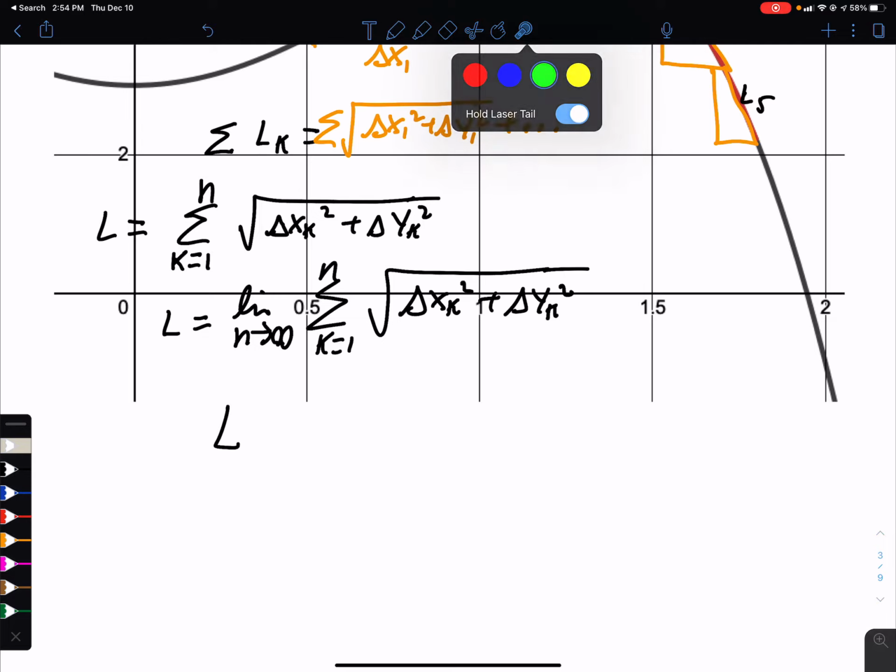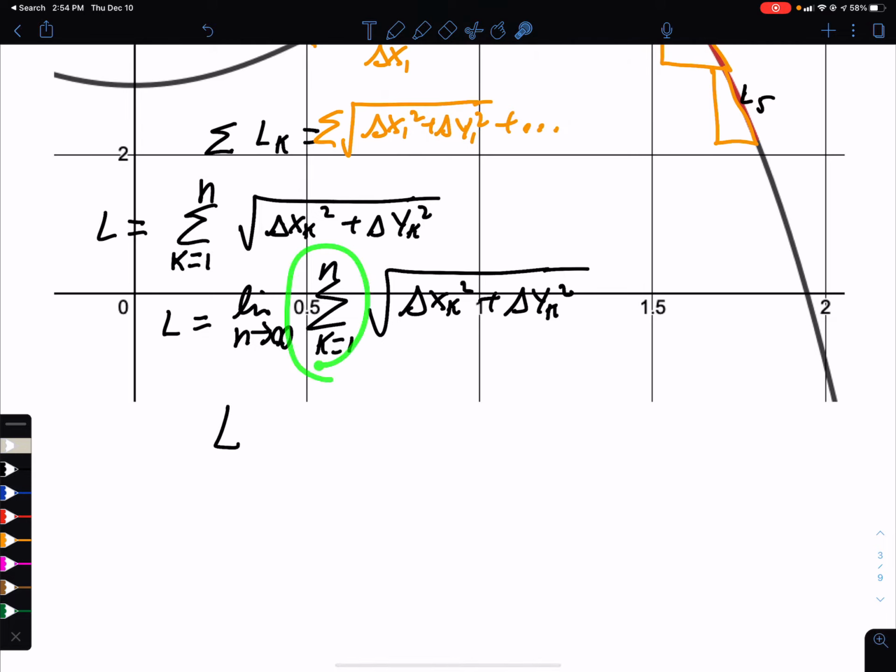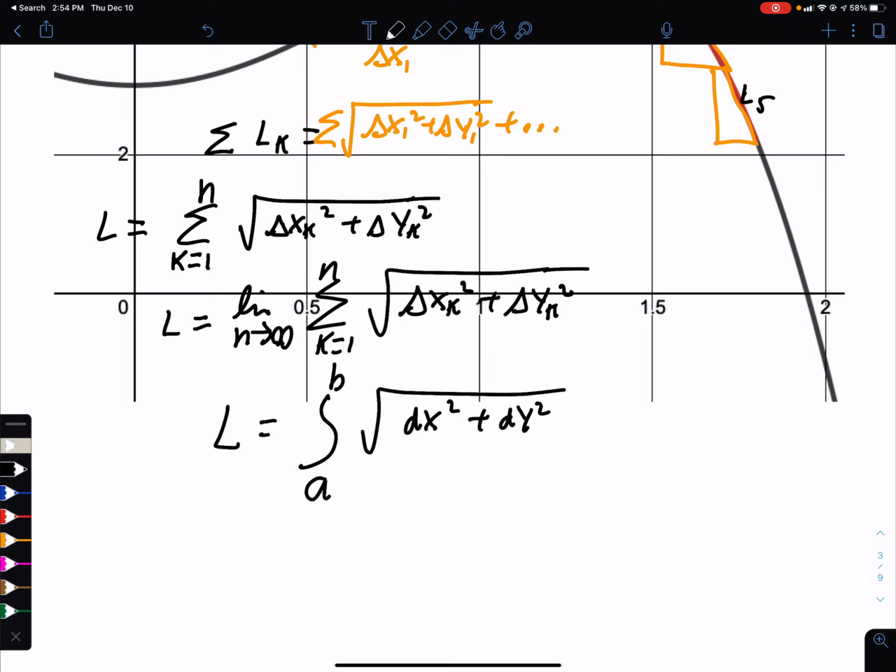And remember when we integrate, it's a way of adding a lot of small things. So this will change to integration. And we're going to have a starting t and ending t. So I'll still call it a and b. But this is going to become dx squared and dy squared.